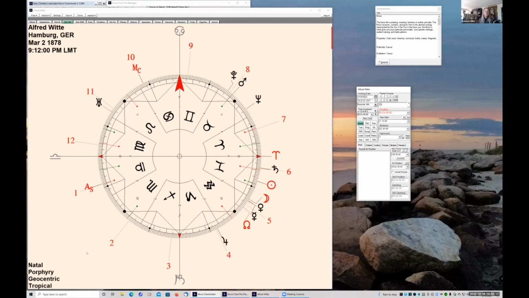Kepler related it to ecliptic positions and harmonics, so that the aspects became all important, and the angular distances between planets were very important, but he would use a kind of numerological approach to it. And in the process he invented aspects like the quintile and the novile and so on. But Witte expanded it to any degree, as long as it was symmetrical.